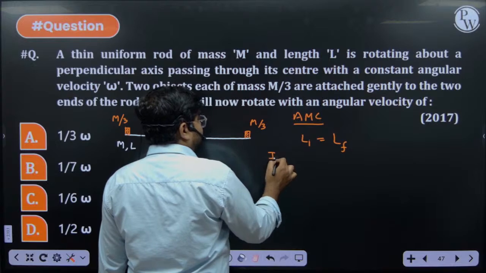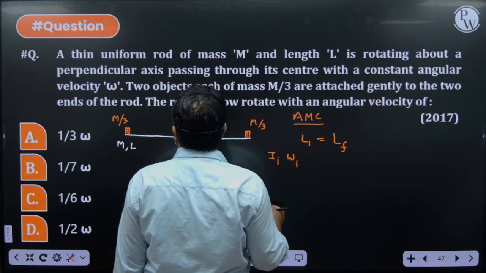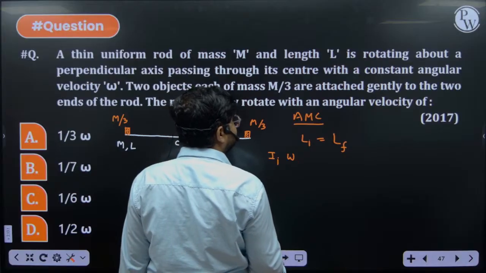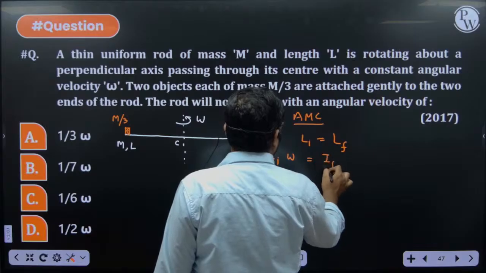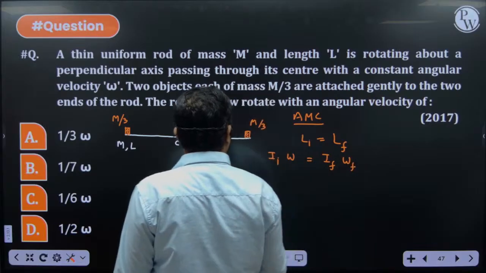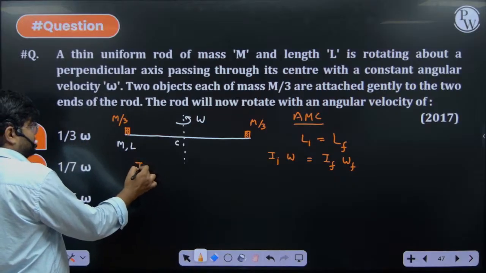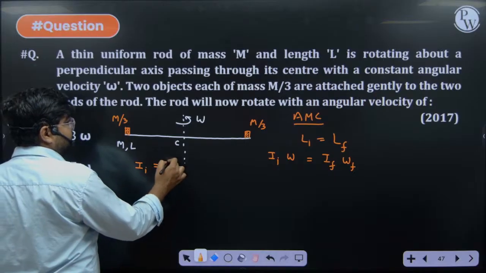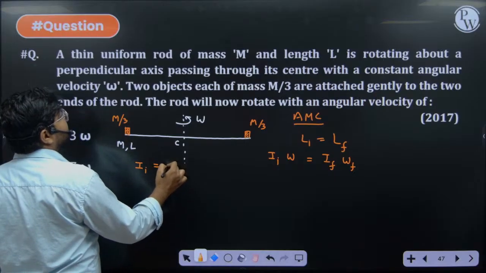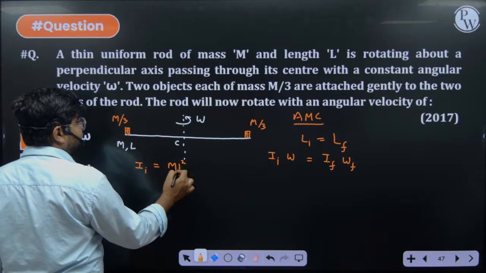So I initial omega initial is I omega only, equals I final omega final. What is I initial? Uniform rod, so m L square by 12.